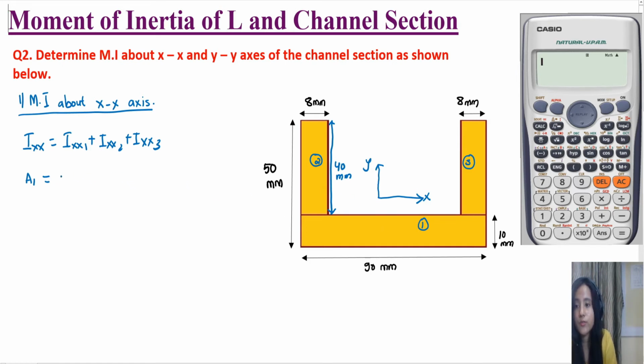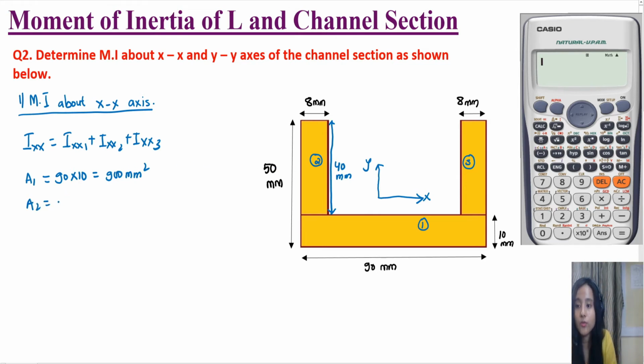A1 for the first section will be 90 into 10, coming equal to 900 mm square. Now for A2 and A3, since the section dimension is the same, we'll get same area.